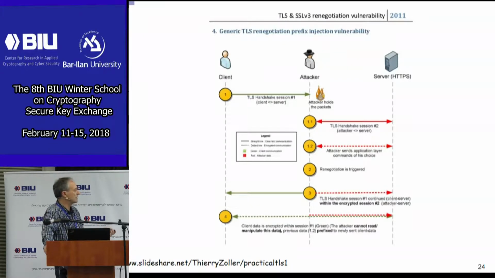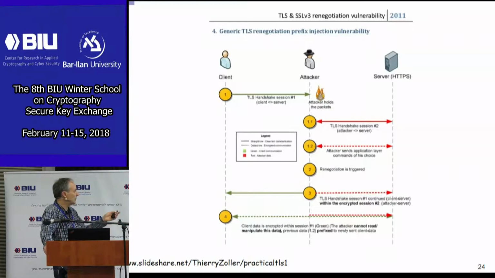Essentially, it's something that allowed an attacker, with the client and the server, Alice and Bob, talking through the attacker, to prefix the information sent by Alice with some information that the server will understand was authenticated by Alice, but actually comes from the attacker, and that's how all kinds of exploits can be used.